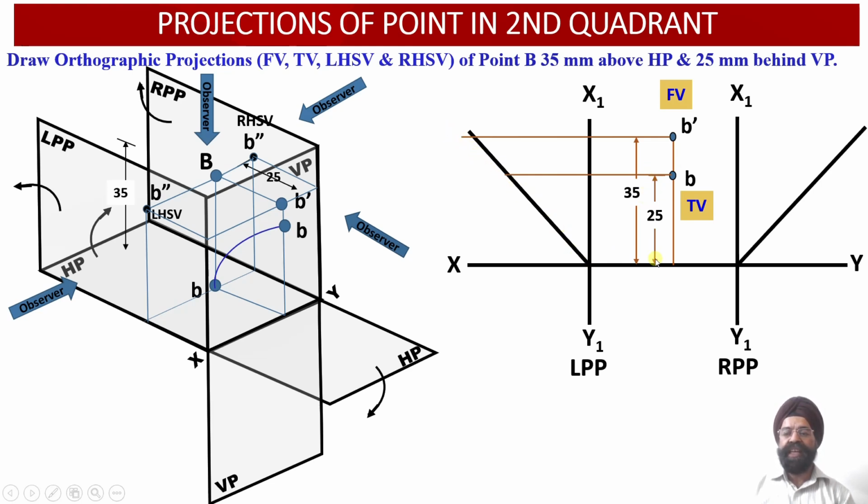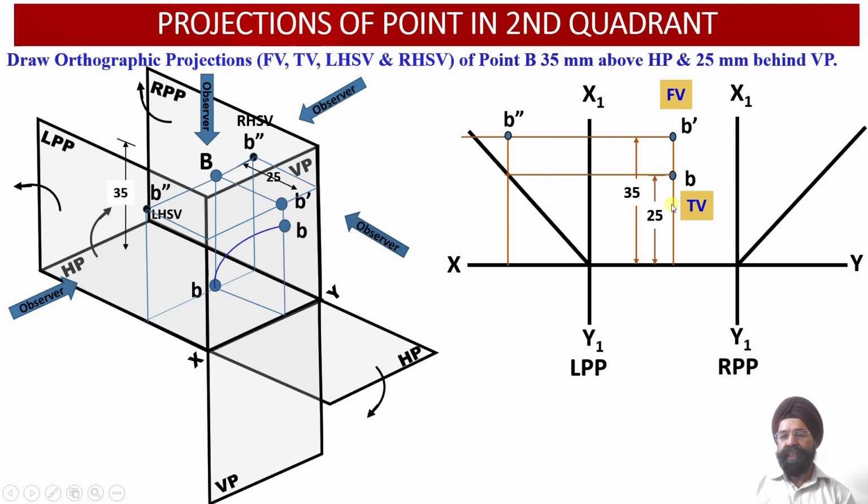So this distance of 25 millimeter from the vertical plane has to be transferred in the perpendicular direction as a vertical projector line over here. So now this distance is 25 millimeter from the vertical plane, which has been transferred above the XY reference line over here.